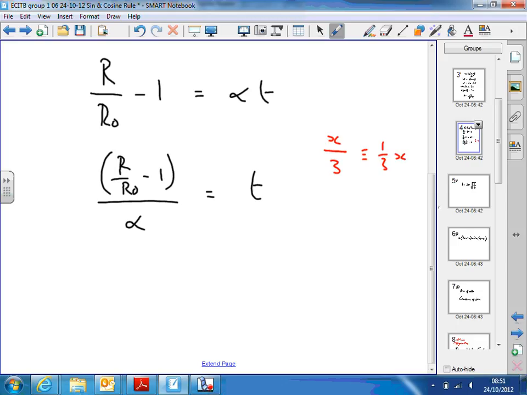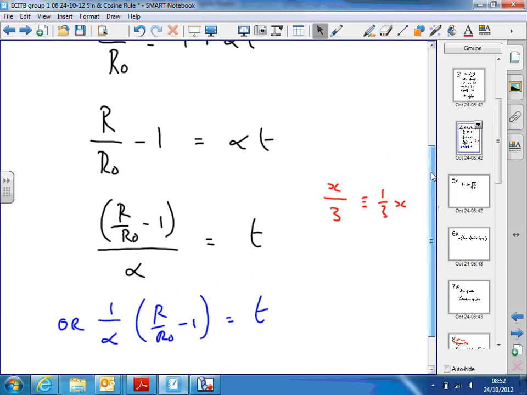So instead of writing it as divide by alpha, I could write it as 1 over alpha times r over r0 minus 1 equals t, which might be a slightly neater way of writing it rather than having two fractions over the top of each other. So lots of common steps in there as well.